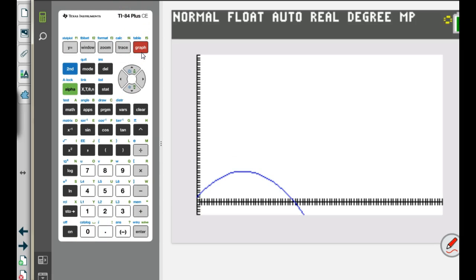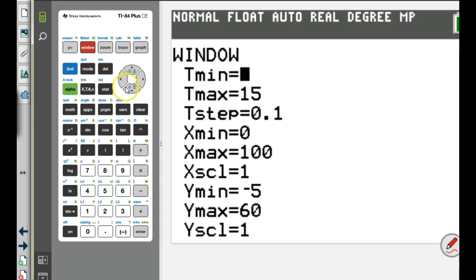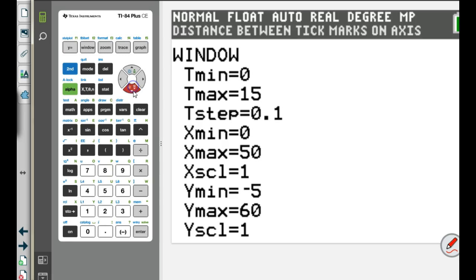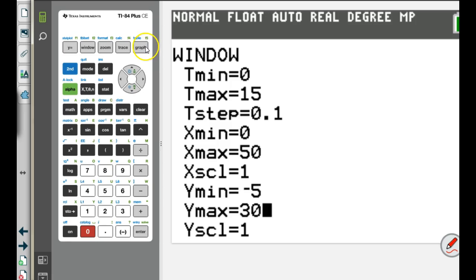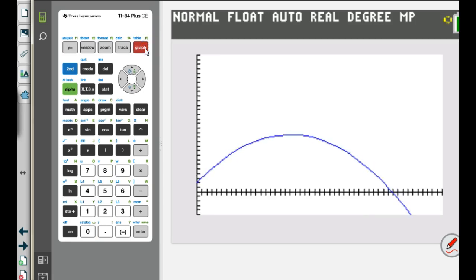We could definitely make that a little bit smaller. You think 50 away and up 30? Okay. Beautiful. Good job, guys.